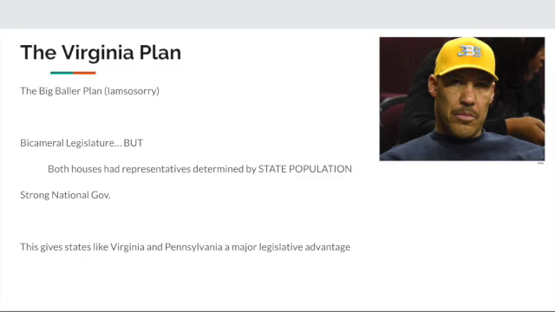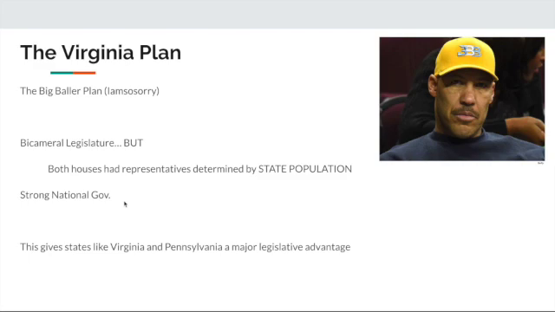Virginia plan is going big here. Remember, Virginia, with all those anti-federalists, is pretty afraid of having its power stripped from it by smaller voices, which is kind of weird considering that they're also the party of the people, if you will. But the key here to remember with Virginia plan: bicameral and both houses determined by state population.